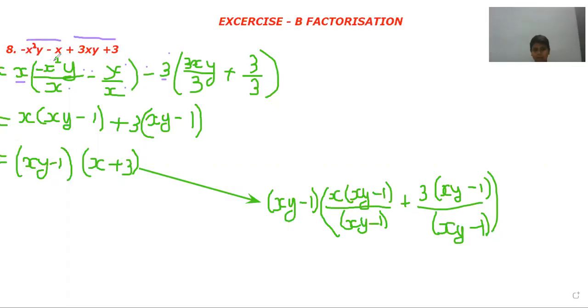Okay. So this actually should be minus, that was a mistake. So 3xy divided by 3 plus 3 by 3. Now we'll change the sign afterwards, okay, when we are doing the next step.